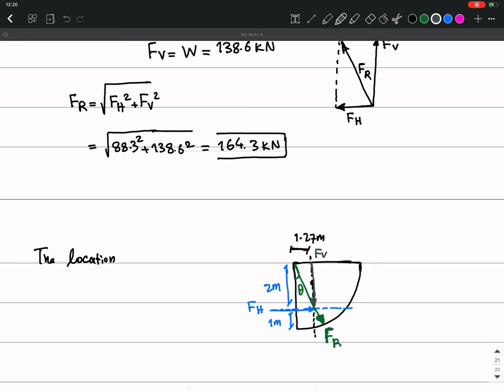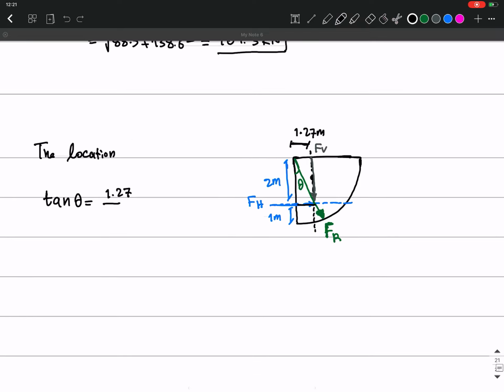I just need to calculate the location of that, which is going to be the theta. If I just know the theta, then that's where it's going to act. So I know from this shape that the tangent of theta is going to be this 1.27 over these 2 meters here.